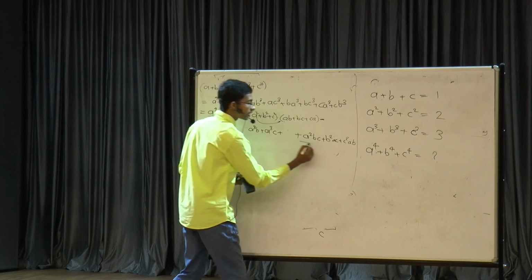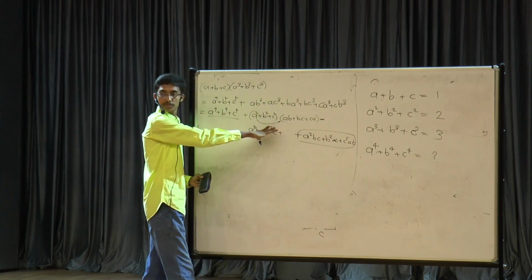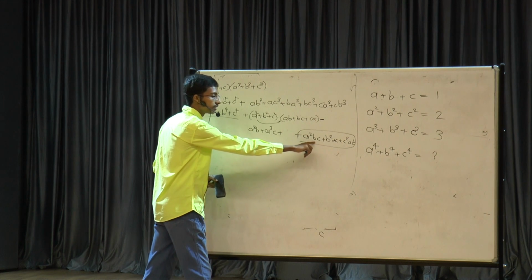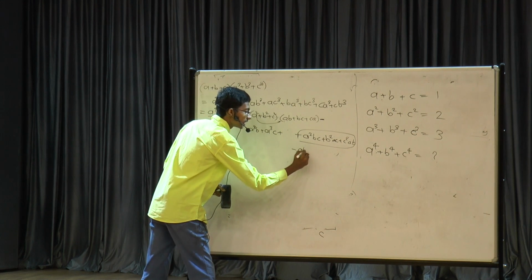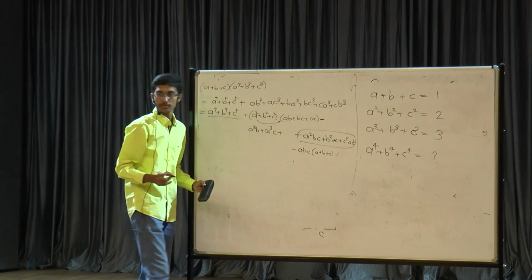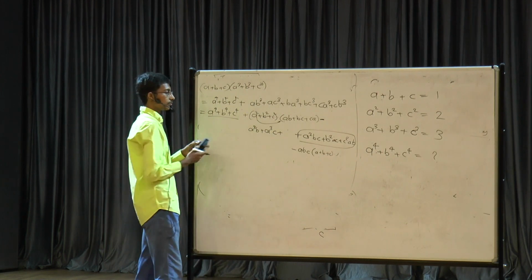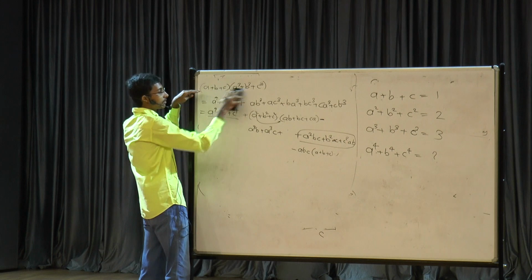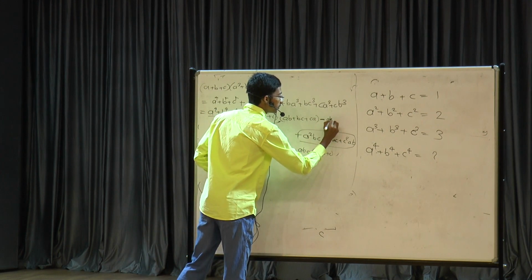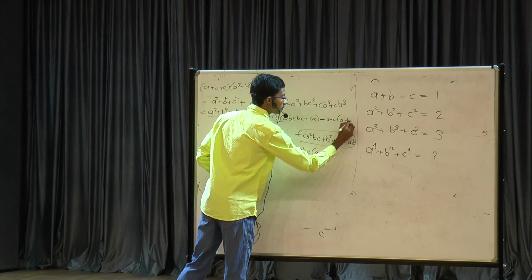These are the extra terms that I would get from this. So I subtract them. What do I see in common with these? This is minus abc times a plus b plus c. So this whole thing is these minus abc times a plus b plus c.